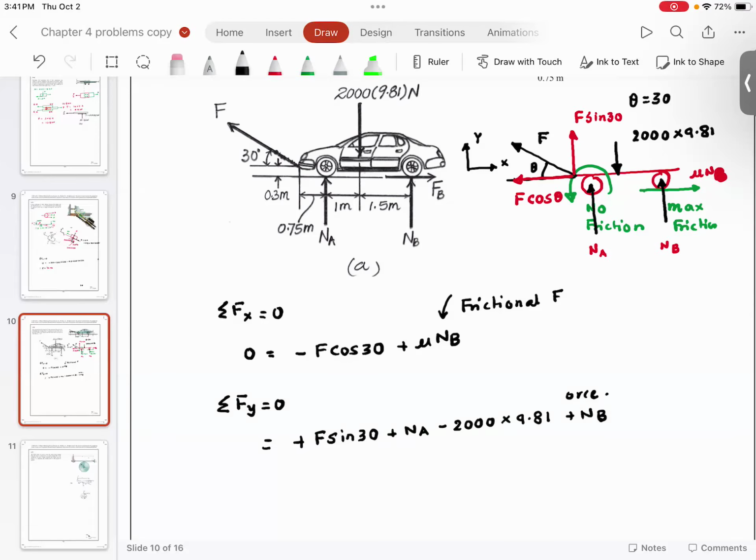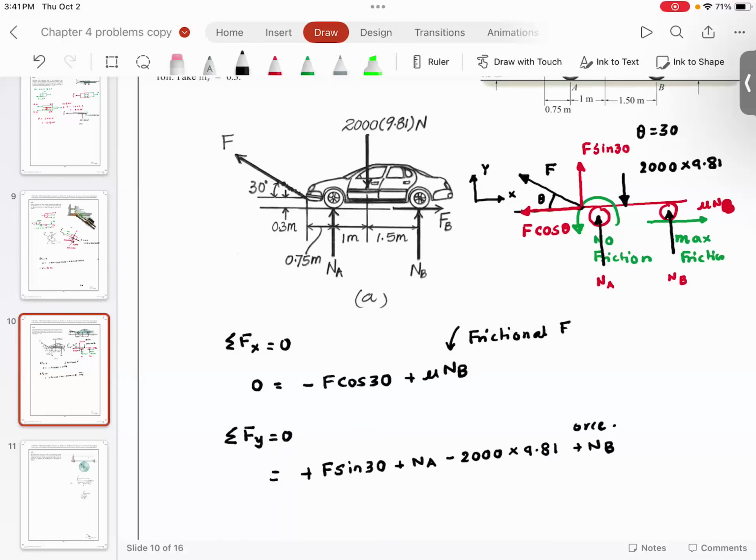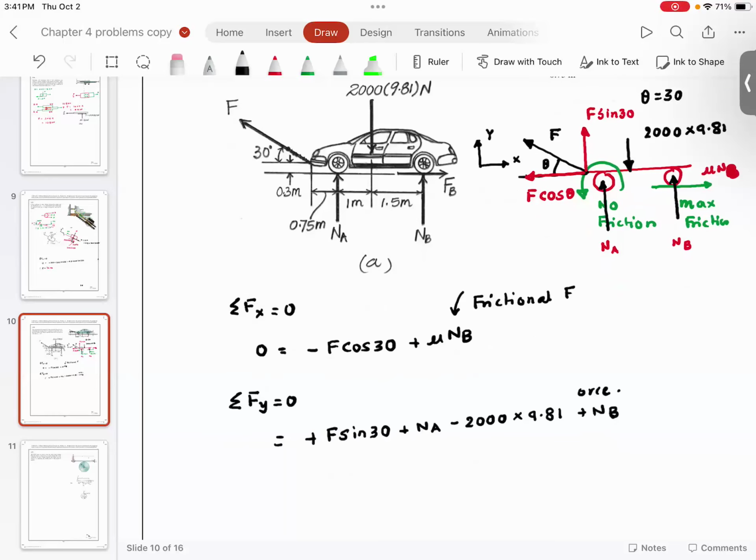Last but not least, you have to take moment, the summation of moment. Now tell me, where would you take moment? What would be a good place to take moment? I'll give you choices.